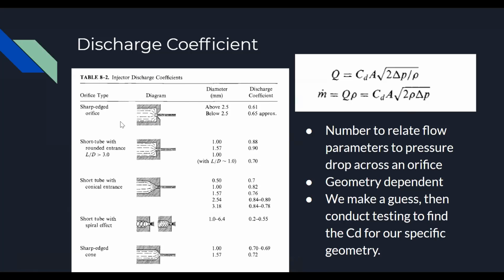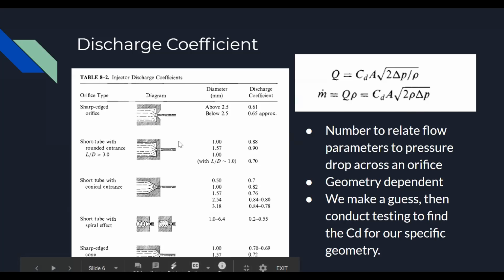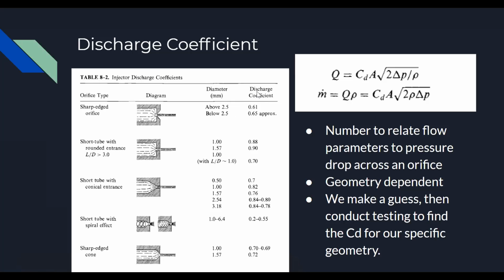So anyway, here is a table outlining common orifice shapes, and then it gives some dimensions and the resulting approximate discharge coefficient.